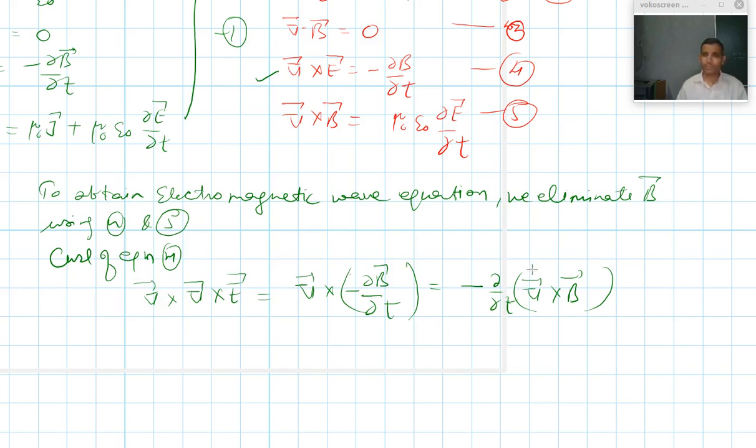So if I put the value of del cross B from equation number 5 here, then things can be written as del cross del cross E is equal to minus curly over curly T of mu naught epsilon naught curly E by curly T, right?